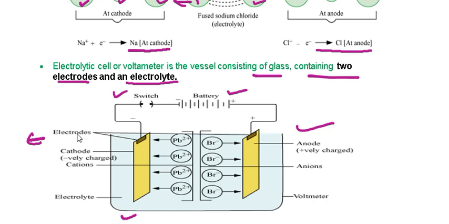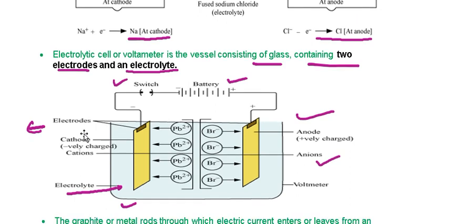Cathode attracts positively charged ions, that are called cations. Anode attracts negatively charged ions, that are called anions. This part here is the electrolyte. I hope you understand this one.